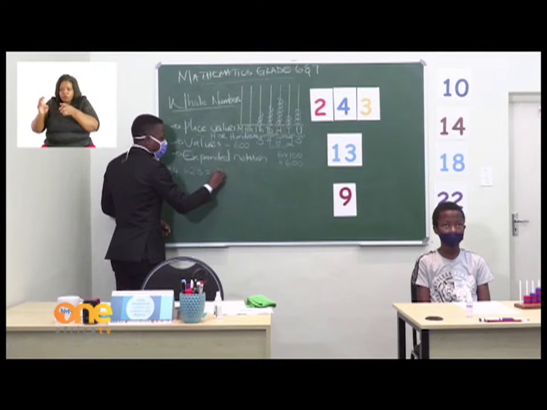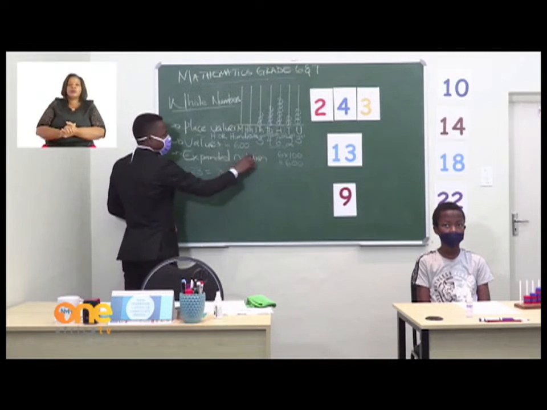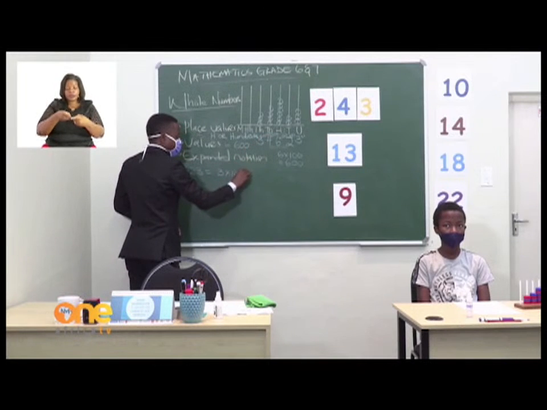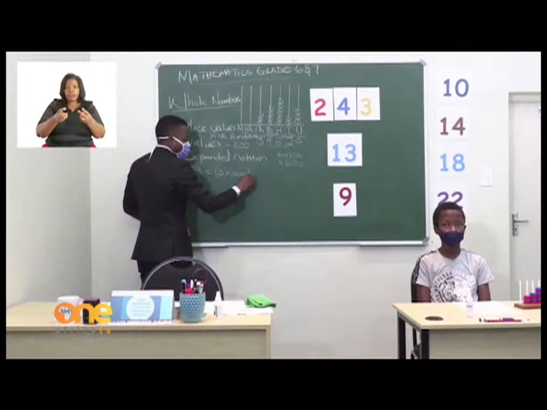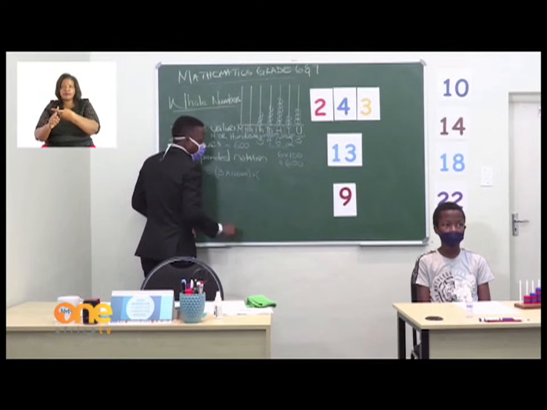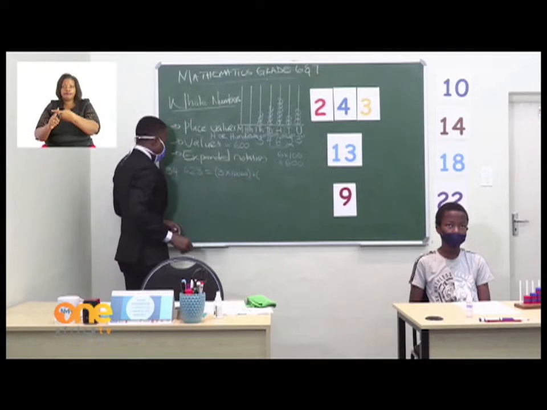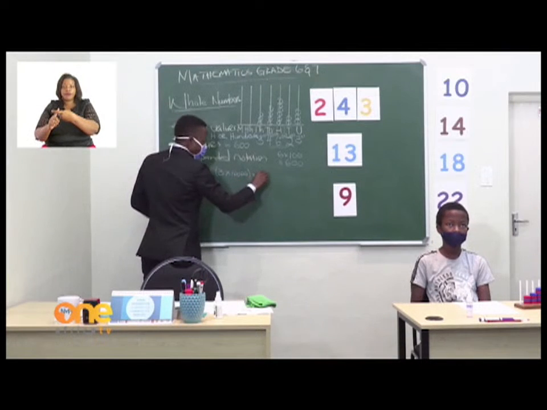So we have 3 times 10,000, and then we have to separate that with plus. You understand the reason of this addition later.